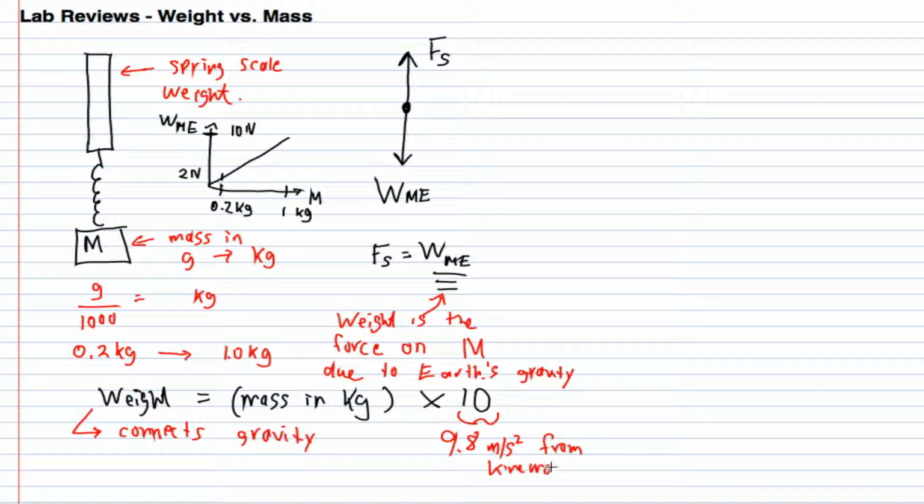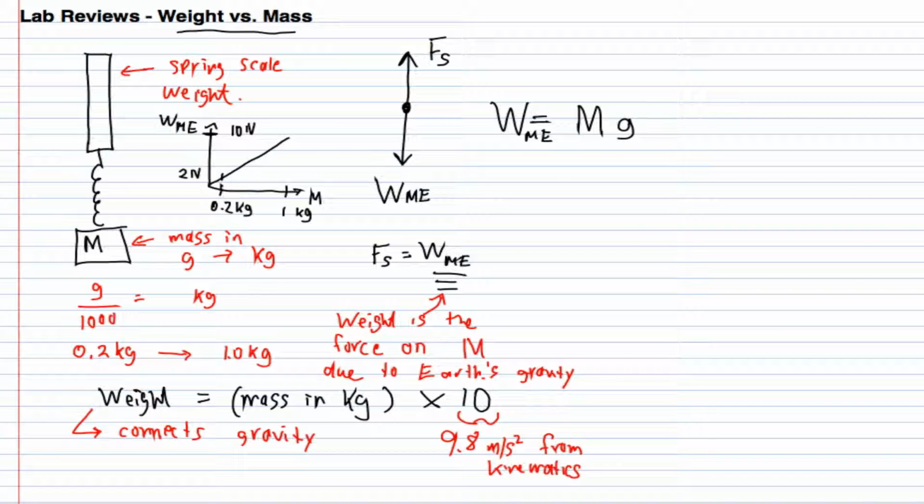And so we came up with our first equation of the semester. The whole point of the weight versus mass lab was to come up with the relationship: weight equals the mass of the object times the gravitational pull of the planet that it's on.